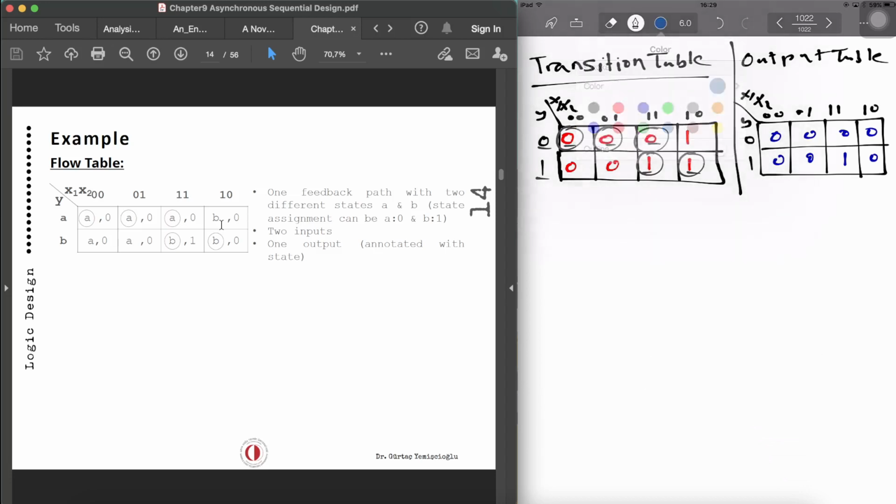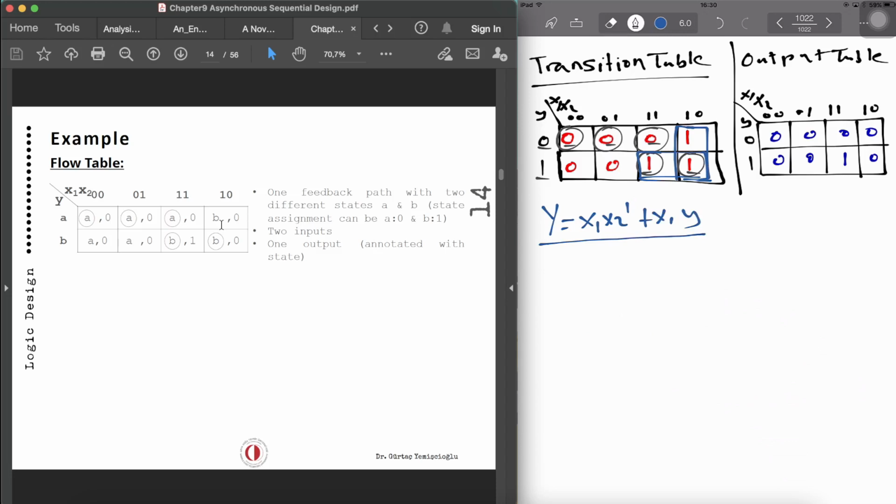Now, if I take this and combine these two, so y is going to be x1, x2 prime, or these two can be combined, which is x1, y. So this is our expression for the next state.